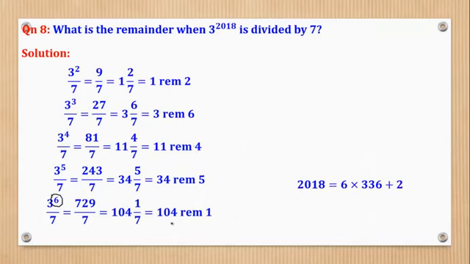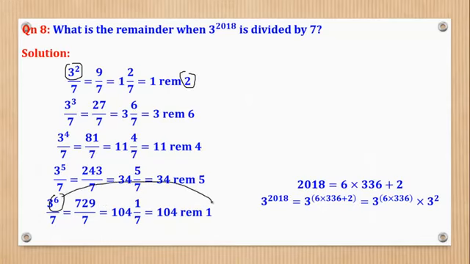So come and replace it with this. Then laws of indices, this can give you this and this plus 2 to give you 3 to the power 2. Now we already know the remainder for 3 to the power 2, when divided by 7, the remainder is 2. And the remainder for this multiple of 6 is 1. So I'll replace. Therefore, the remainder will be, here to be 1 and here to be 2 to give you 2 in the end.